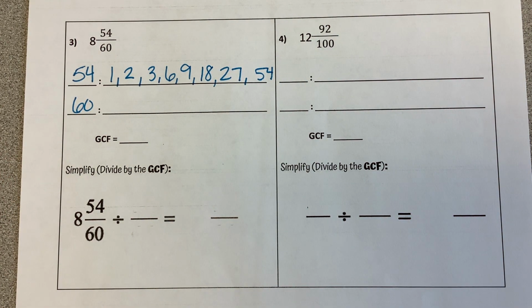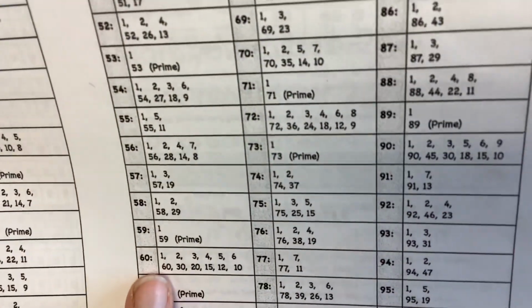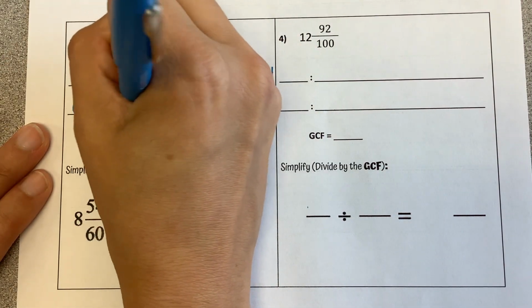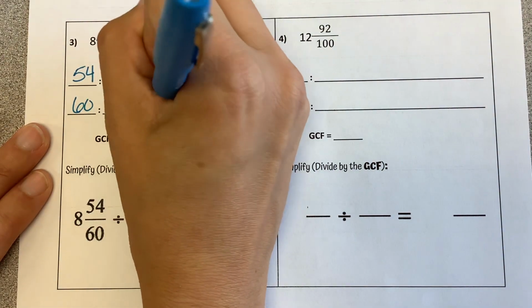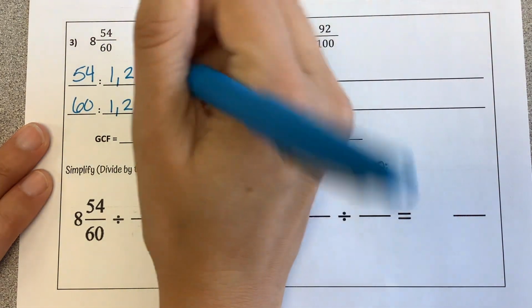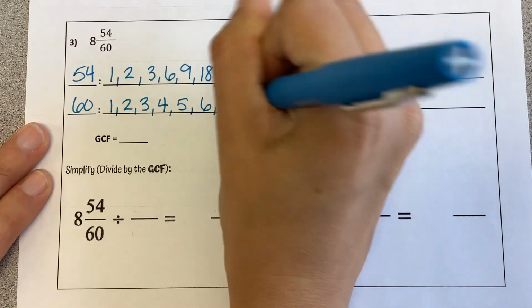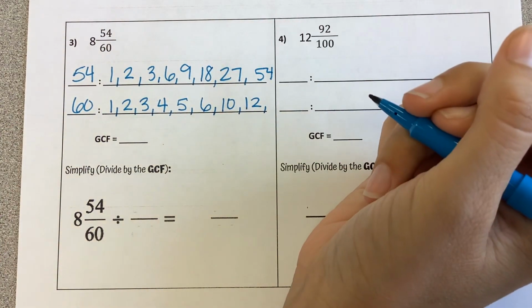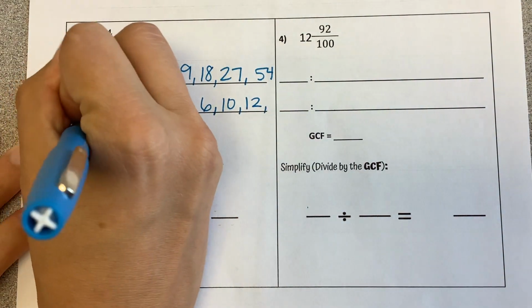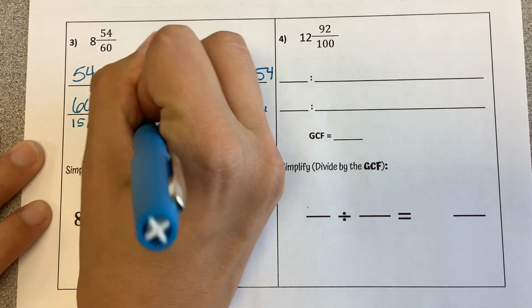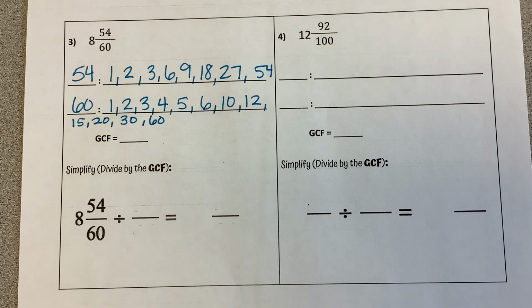Now the same thing for 60, finding 60, writing all these factors. There are a lot of them. So we've got 1, 2, 3, 4, 5, 6, 10, 12. I'm going to use another line. 15, 20, 30, and 60.